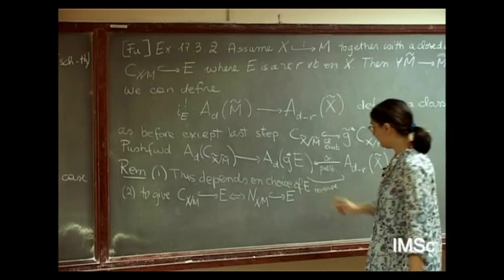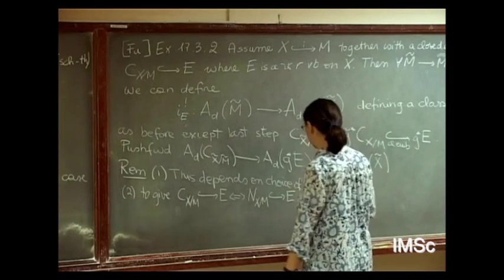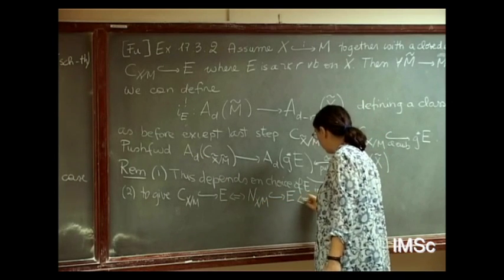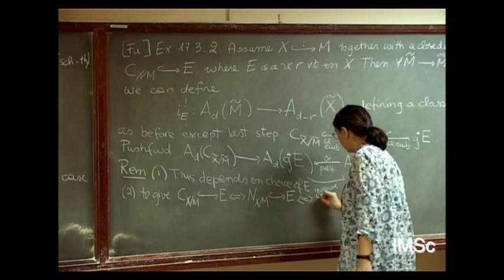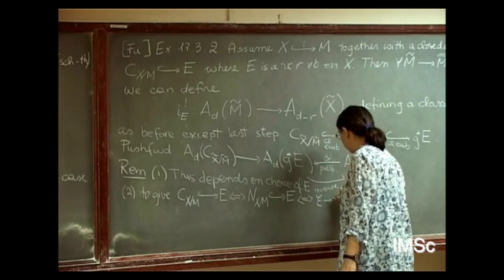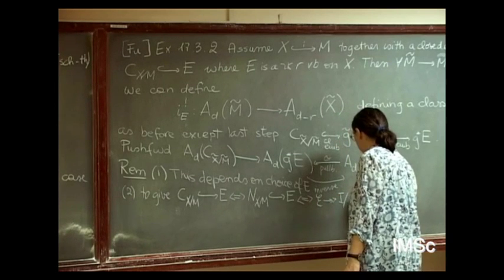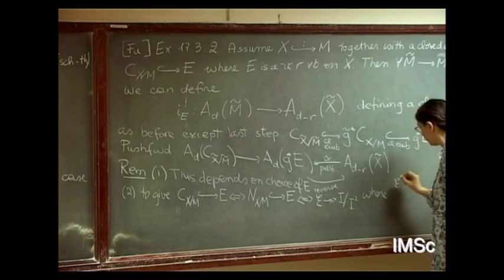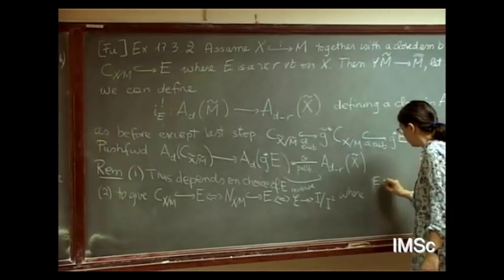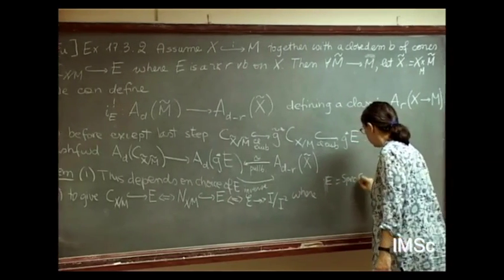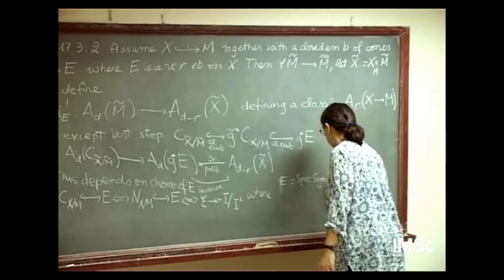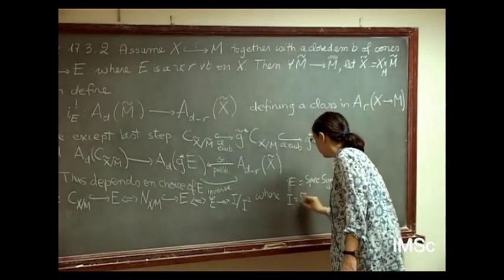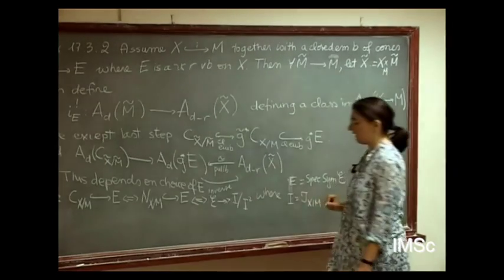So this is the same, and what you can check is that this is equivalent to E surjects onto I mod I squared, where E is Spec Sym E, and I is the ideal sheaf of X in M.